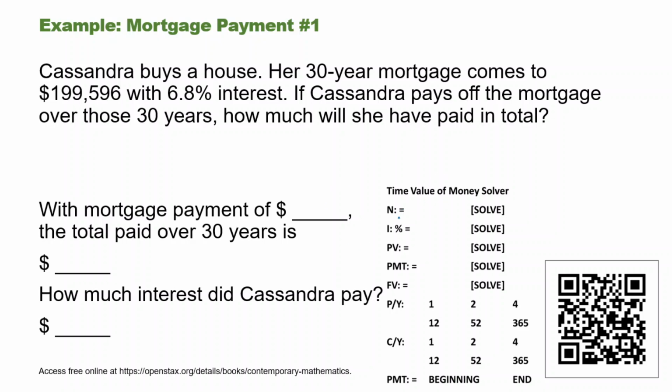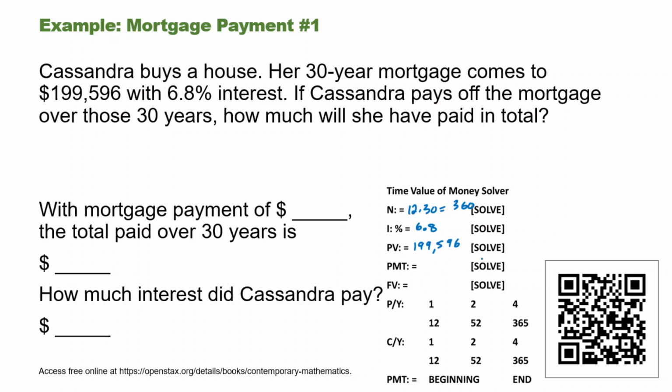So capital N is the total number of payments or the total number of compoundings. Those end up being the same. We would say 30 years times 12 months per year. So capital N is 12 times 30, which is 360. I, as a percent, is 6.8 from our problem. PV, present value, is $199,596.